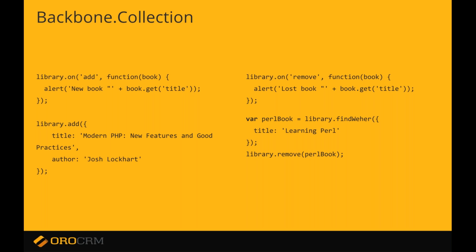And to handle this change, we can subscribe to the add event. And for remove, we also can subscribe to the remove event and remove an item from the collection with the remove method. So first we can find the item that you need, and remove it from the collection.